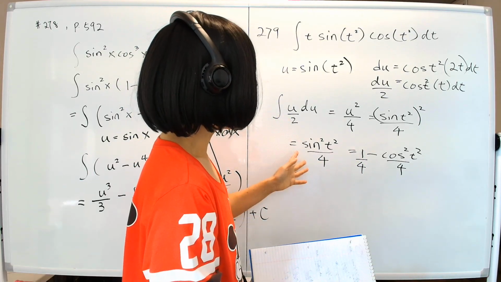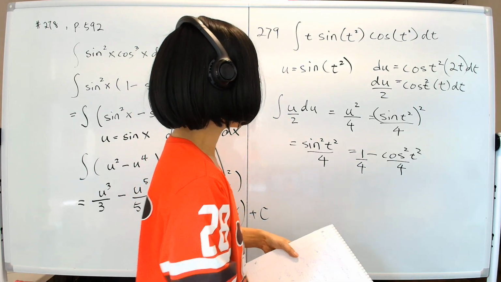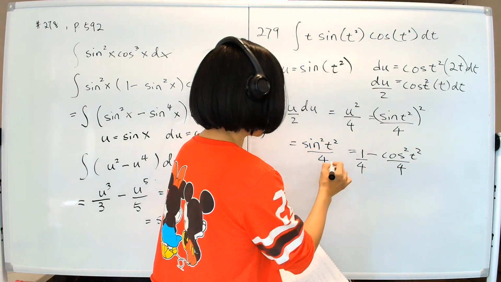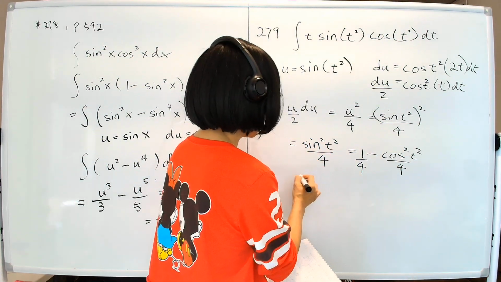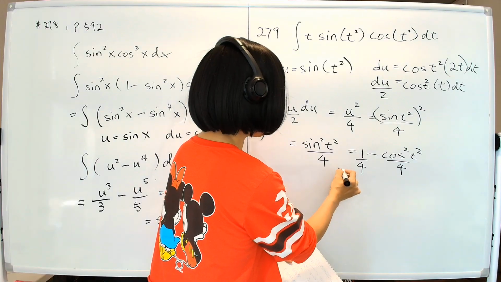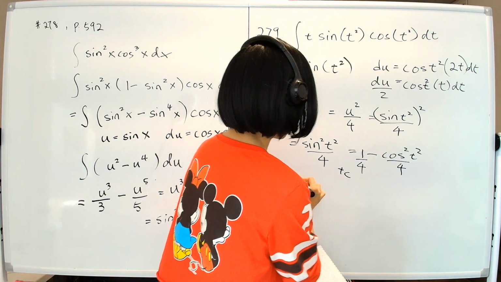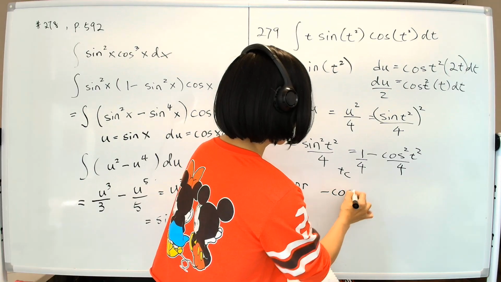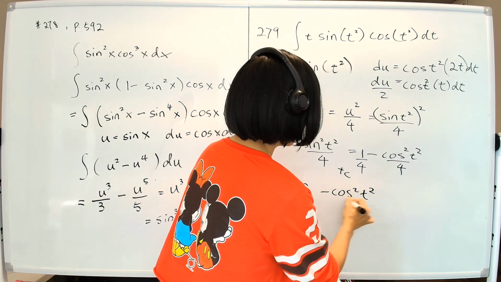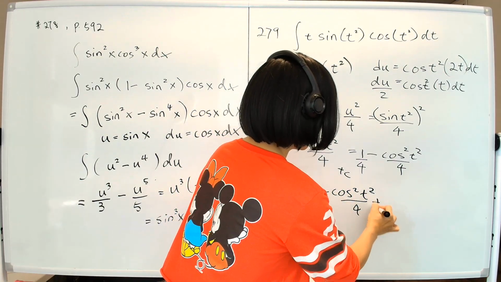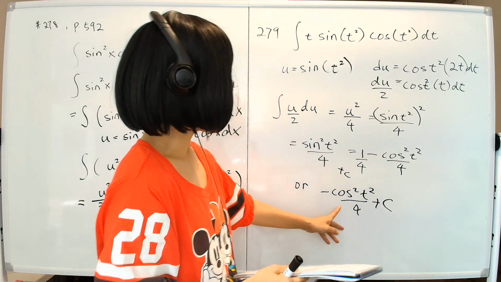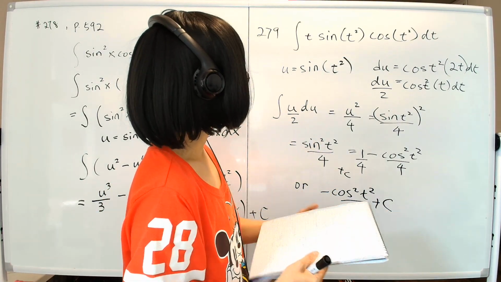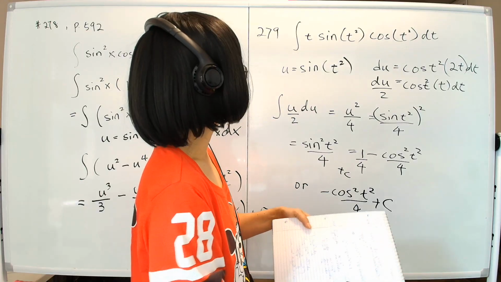So then the integral is equal to this thing or this thing, which means the total answer is equal to this thing plus c, or another way of saying it is minus cosine squared t squared over 4 plus c, which is the answer that your book gave. I don't know why they did that, because maybe they arrived at it a different way. I can't imagine.